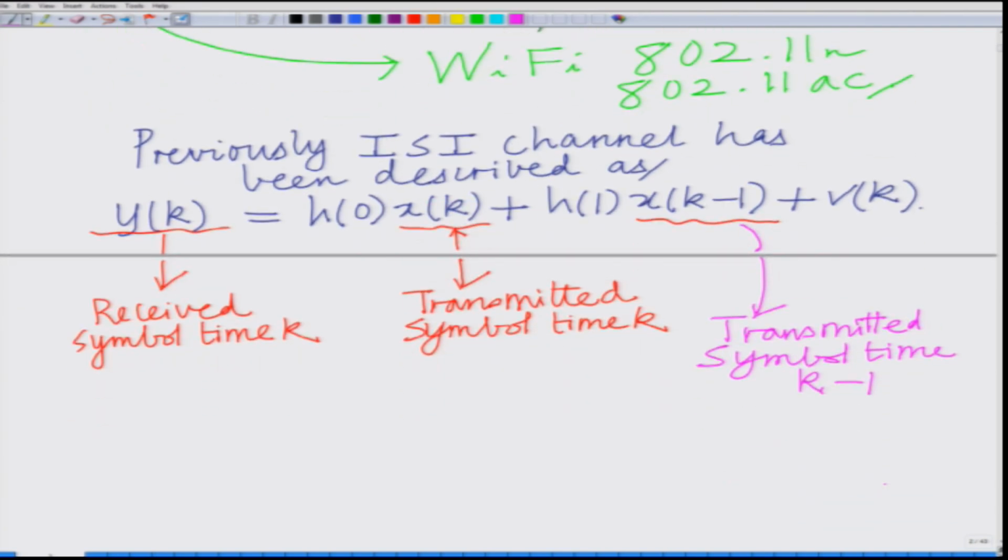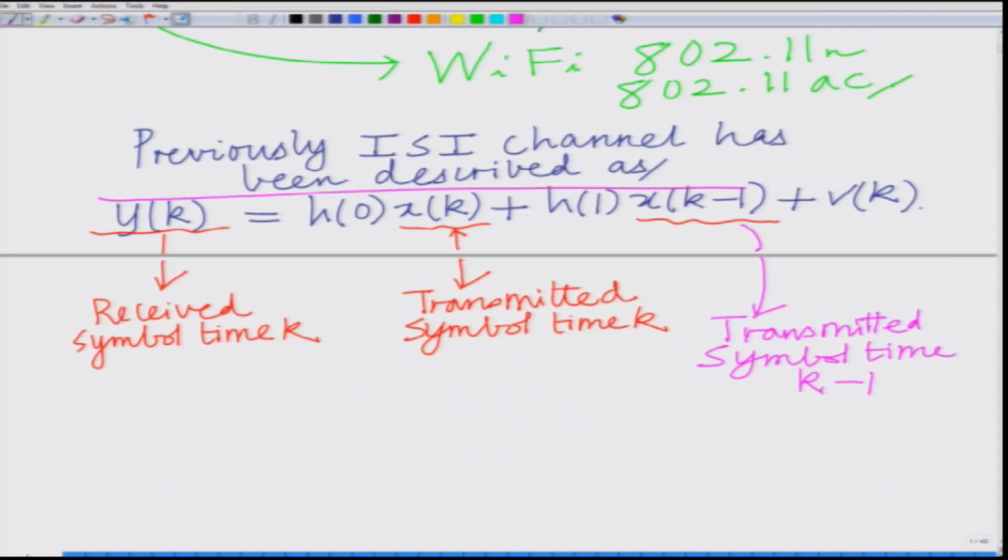Therefore, the transmitted symbol at time k minus 1, which is xk minus 1, is interfering with xk, the transmitted symbol at time k, and this is what we term inter-symbol interference. So, inter-symbol interference is caused by the fact that the past symbol is interfering with the present symbol.